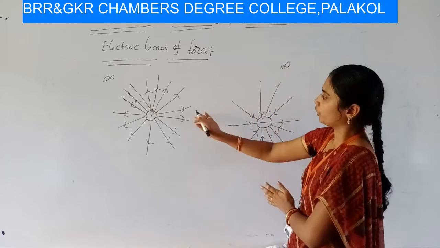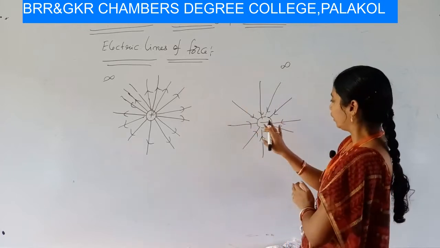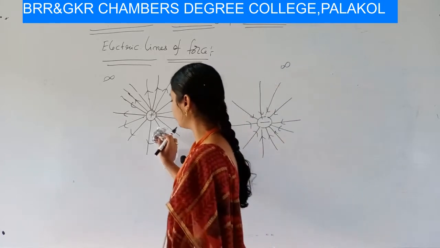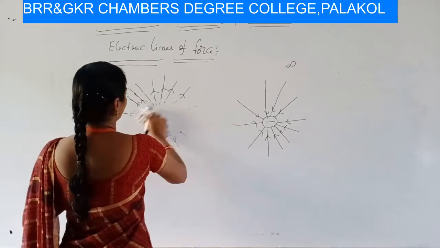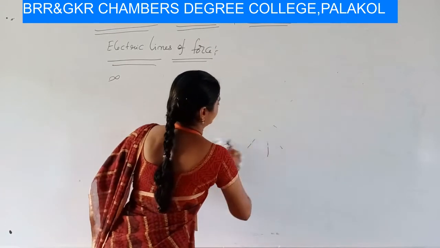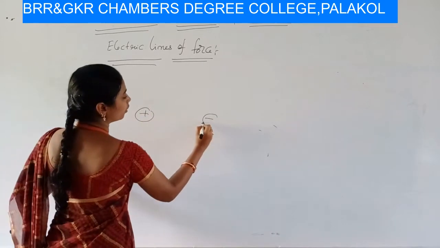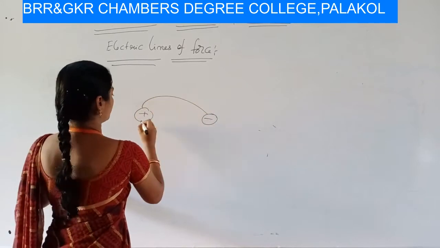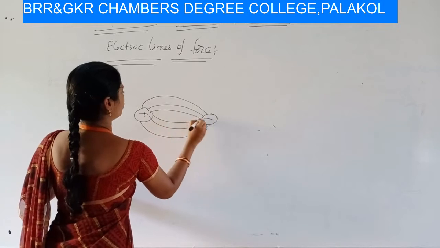Okay, I hope you follow the electric lines of force for the positive charge and negative charge. In case both the positive charge and negative charge are simultaneously present, then the electric lines of force are starting from positive charge and ending towards this negative charge.